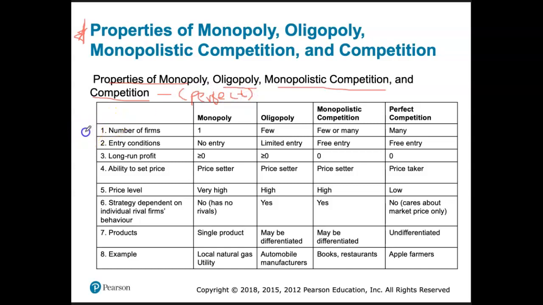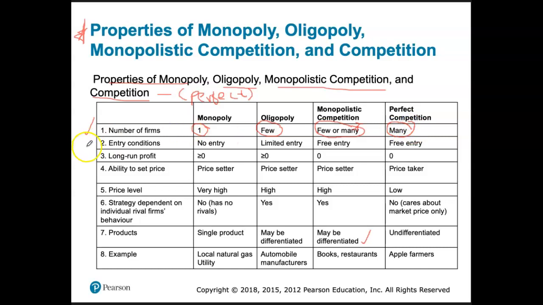Let's look at the first row. The number of firms for a monopoly tends to be 1. For an oligopoly, it tends to be few. It could be 2, 3, 4, but it's really few. For a monopolistically competitive firm, it could be few or many. Generally, it tends to be many, but they make differentiated products, which we'll see later. And for a perfectly competitive firm, the number of firms is generally many.